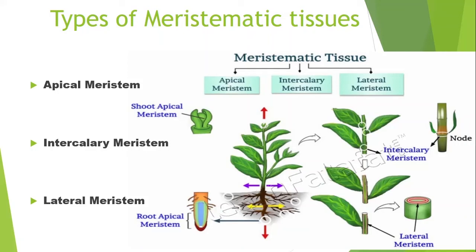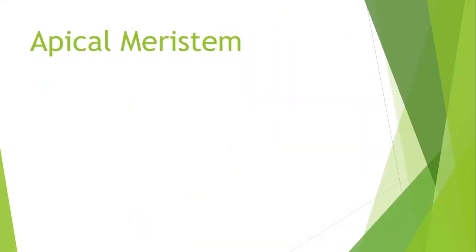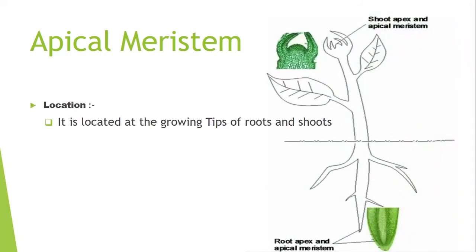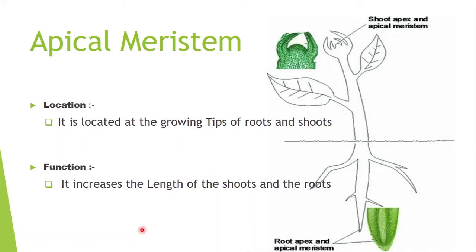Apical meristem. Location: it is located at the growing tips of root and shoot. Its function: it increases the length of the shoots and the roots. It means the apical meristem tissue is located at this part and this part.